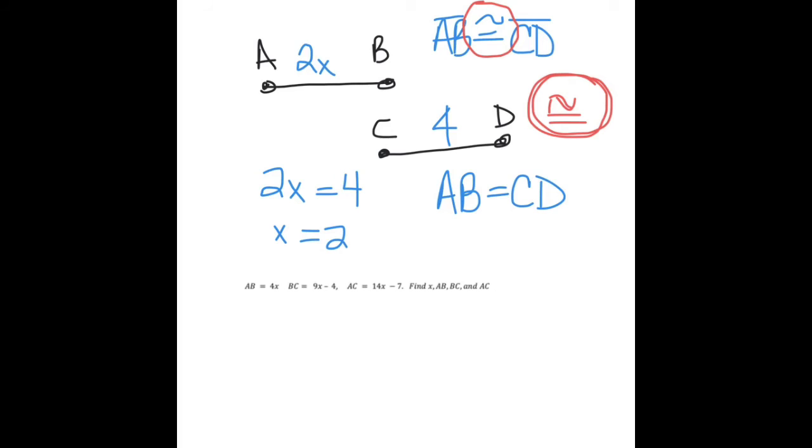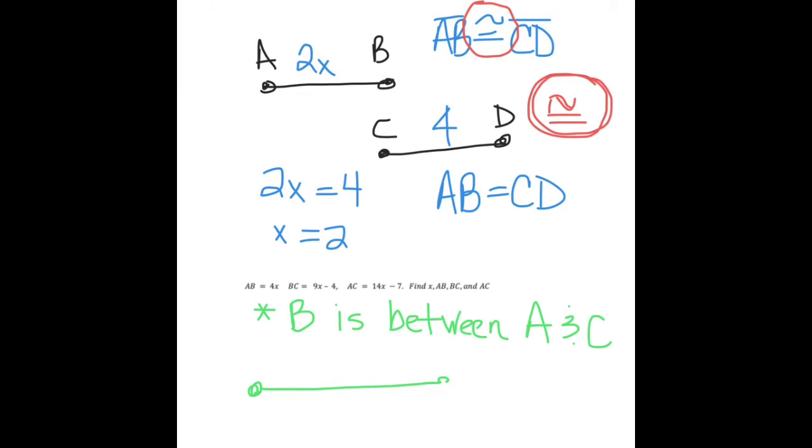So if we were actually in a class, you would see in our smart file that there's a little asterisk and it says B is between A and C. So I'm going to draw that just because I am a visual learner and I like to have pictures. A, I'm going to put B right here, and C.